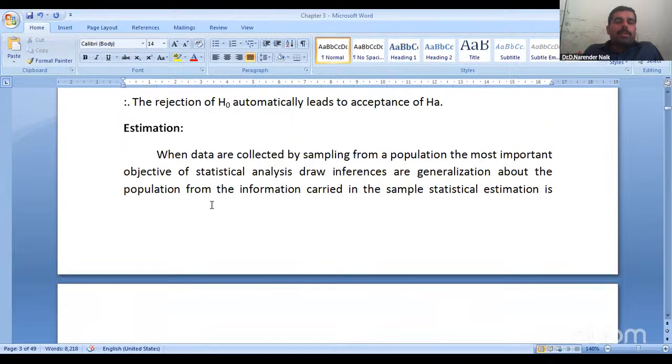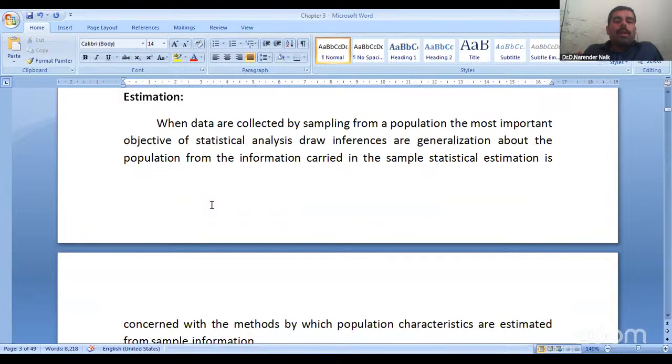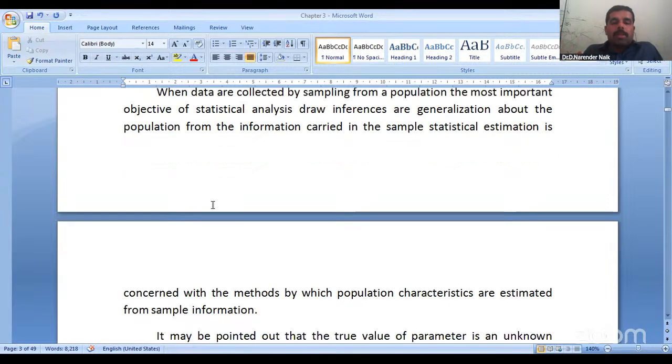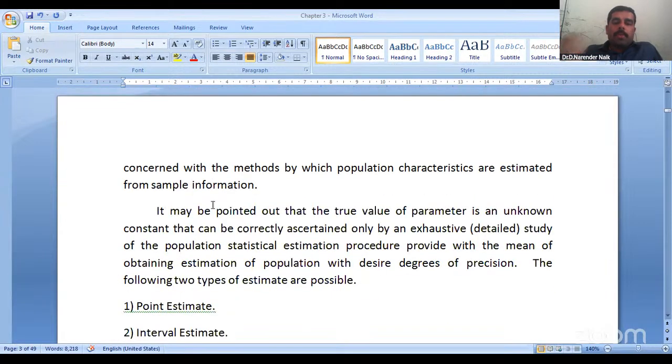An estimation. See, when data are collected by sampling from a population, the most important objective of statistical analysis is to draw inferences or generalizations about the population from the information carried in the sample. Statistical estimation is concerned with the methods by which population characteristics are estimated from sample information.